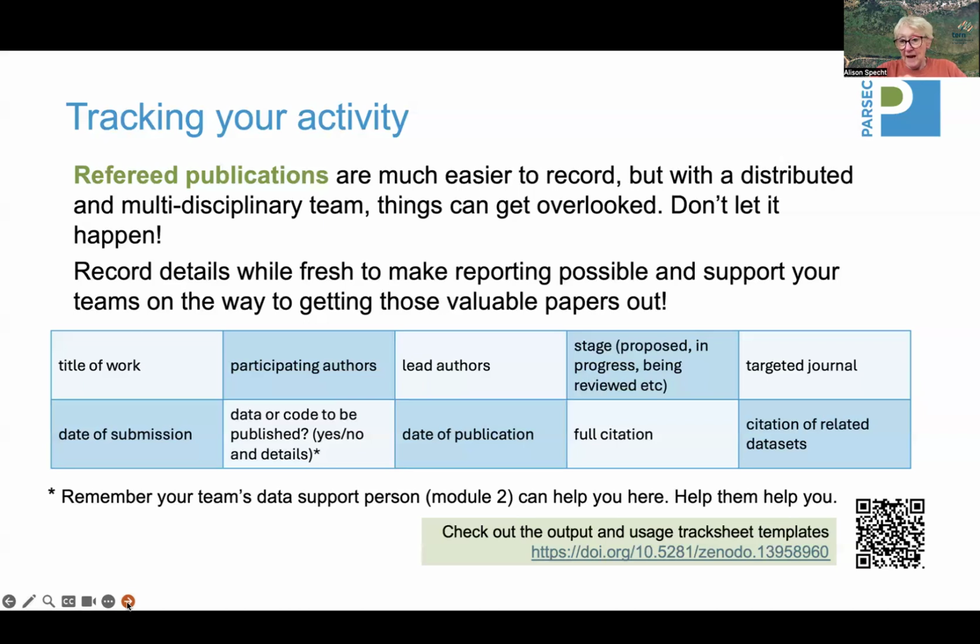So let's say at the stage of in progress, talk to your data person who's been nominated to help in your team. The team's data support person can help get you connected to an appropriate repository.